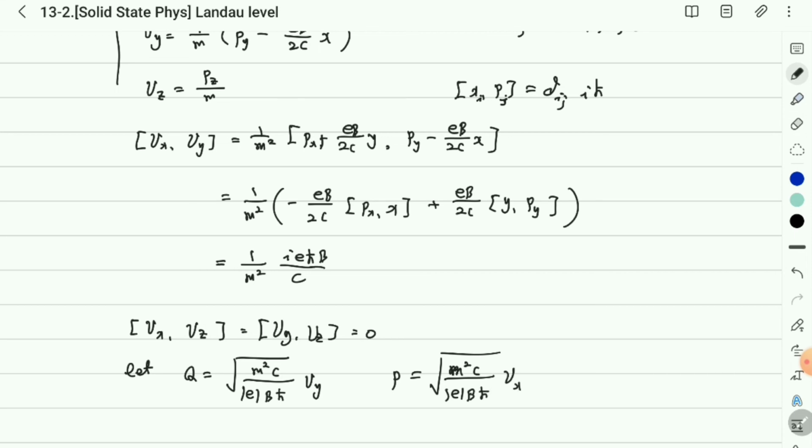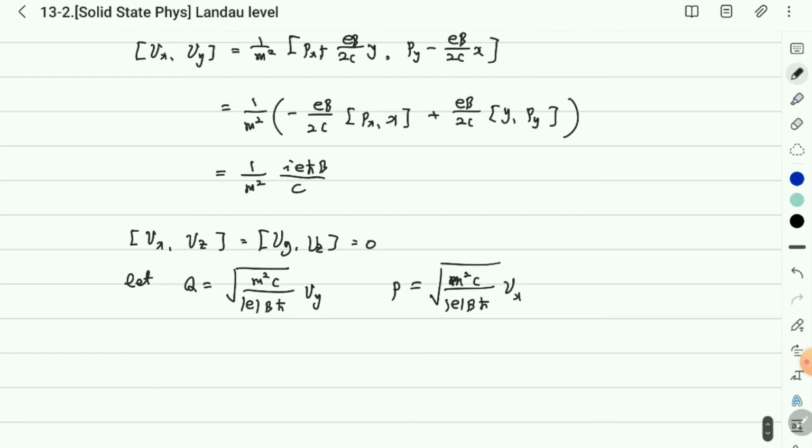Let's define these operators. Then in this case the commutators of P and Vz, and of Q and Vz, equal 0, and the commutator of Q and P equals i.